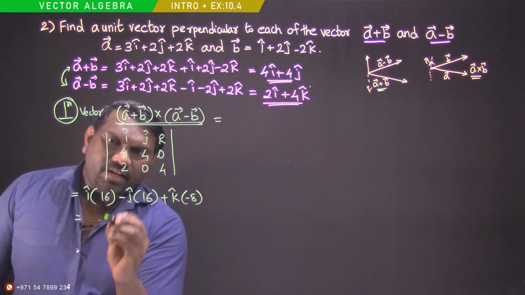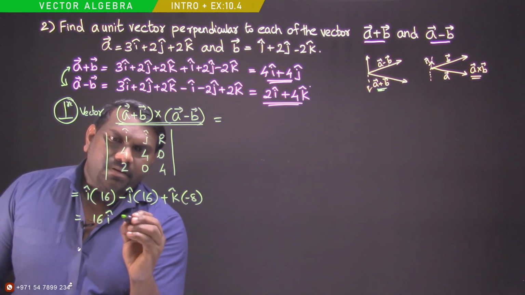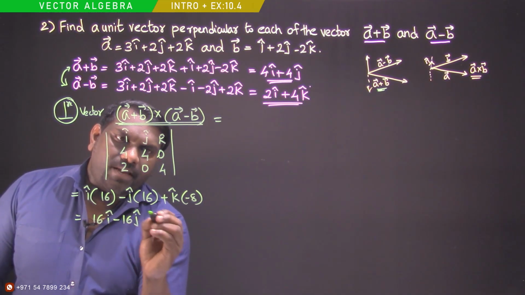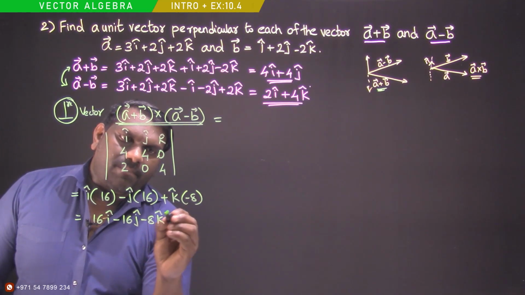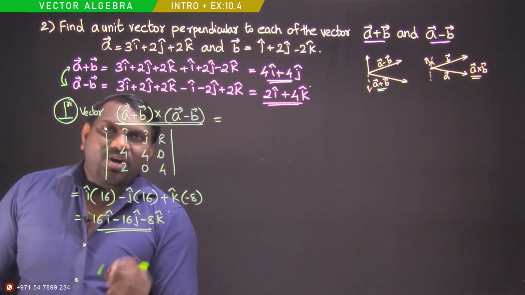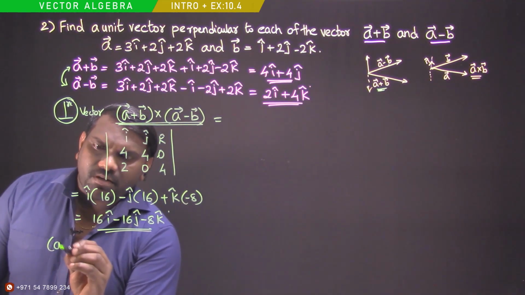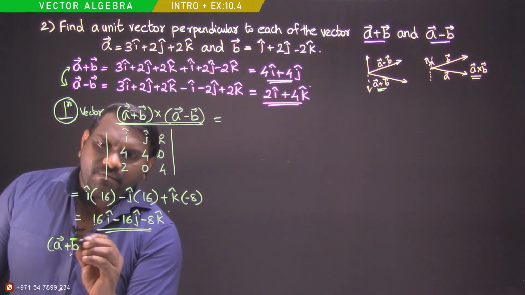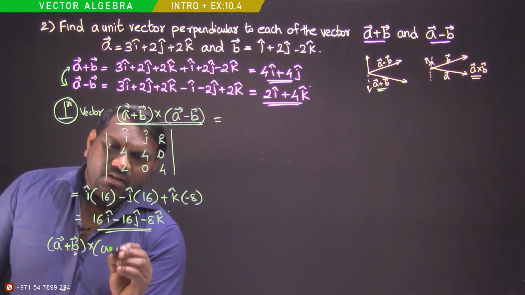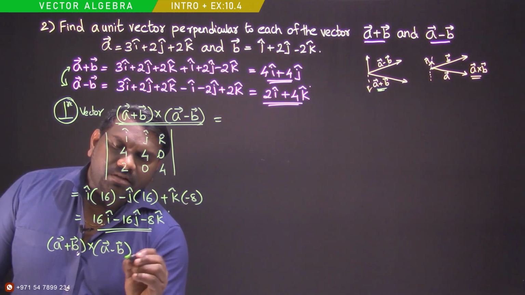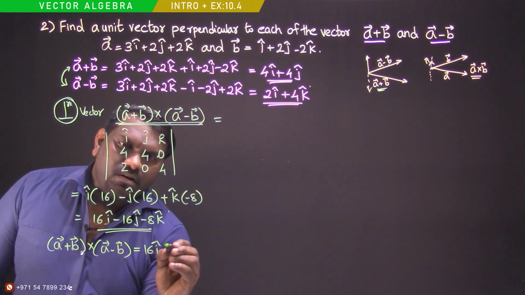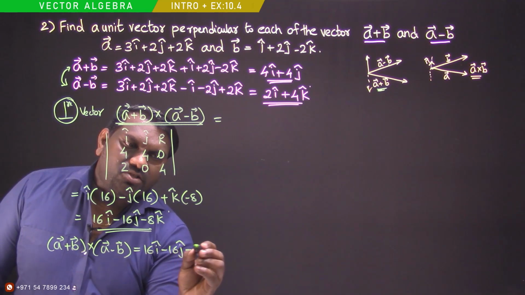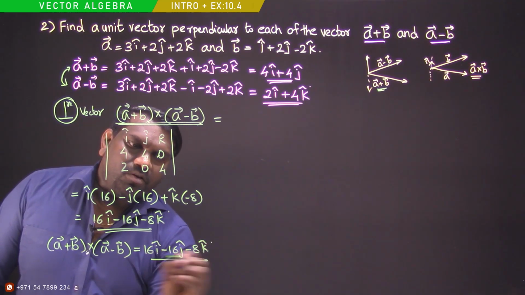With this, what can I write? 16 i cap minus 16 j cap minus 8 k cap. So what is this? This is nothing but A vector plus B vector cross A vector minus B vector. And this is actually the perpendicular vector.